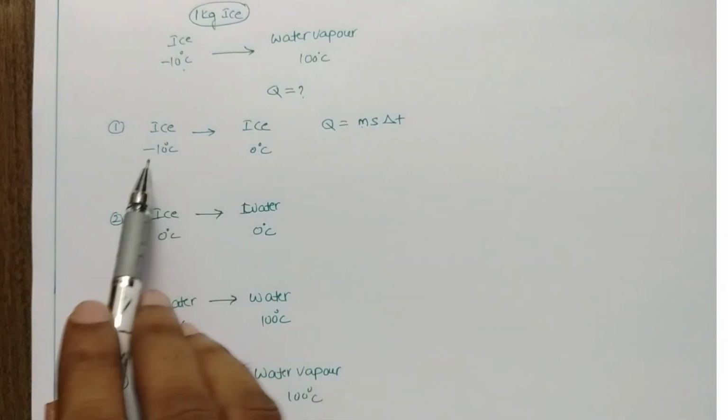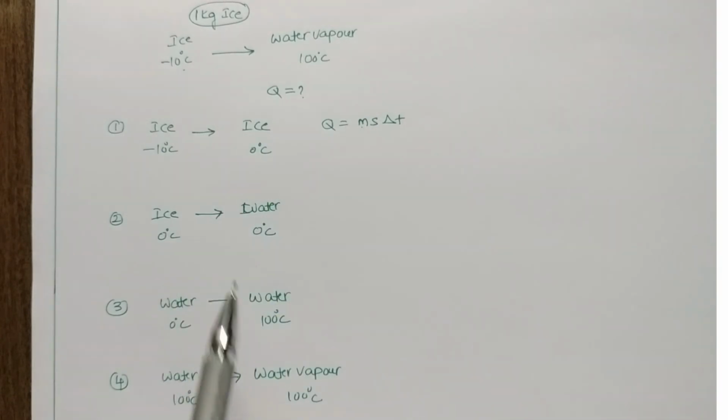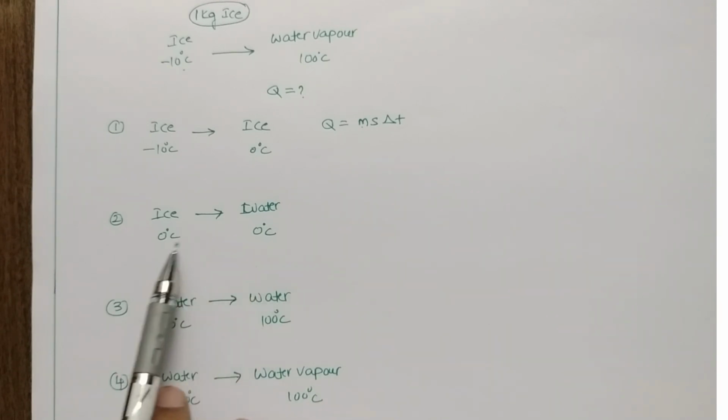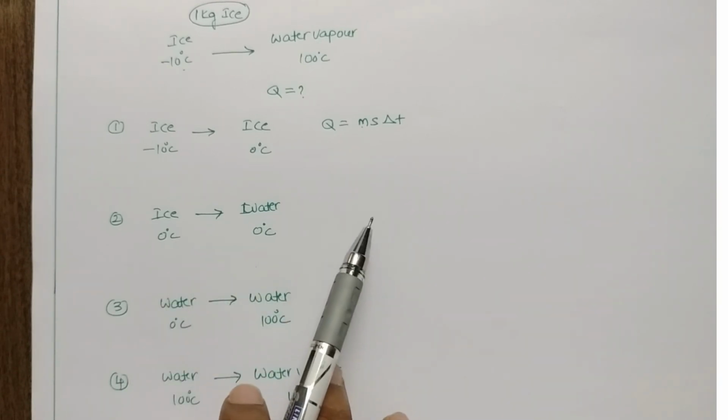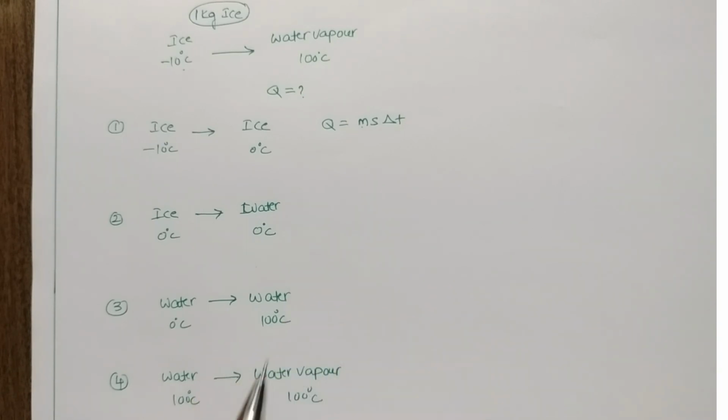If there is no change in temperature, we have to use the latent heat. So here there is change in temperature, we use Q equals ms delta T. And here there is no change in temperature, so we use the formula for latent heat.